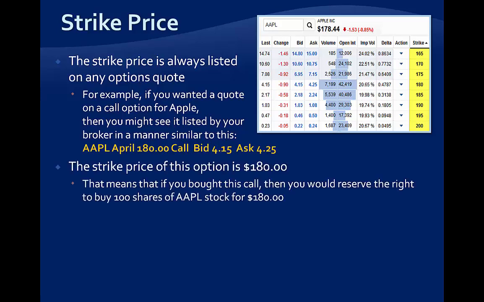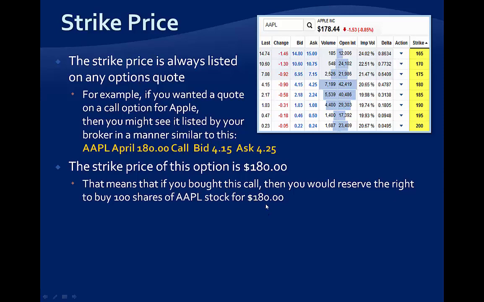The strike price of this option that we were looking at was the 180 strike, and that means if you buy this call option, you've reserved the right. You've locked in the ability to buy 100 shares of Apple no matter where it goes for 180. Now, if the stock were to plummet in value and drop to 170, 160, do you still have to buy it at 180?